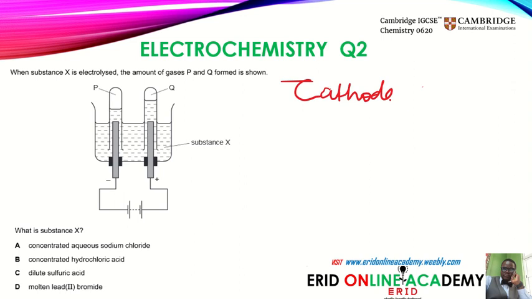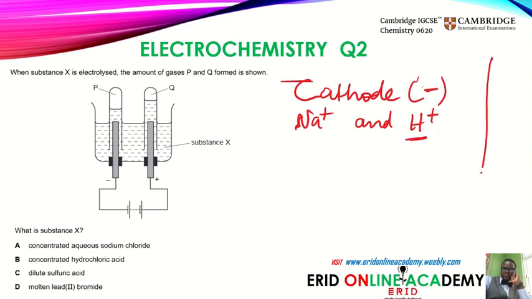At the cathode, which is the negative electrode, both sodium ion and hydrogen ion will migrate there, but one of the ions will be discharged. In this case, the ion that will be discharged is hydrogen, because hydrogen is lower in the reactivity series. Sodium is higher in the reactivity series, hydrogen is lower.